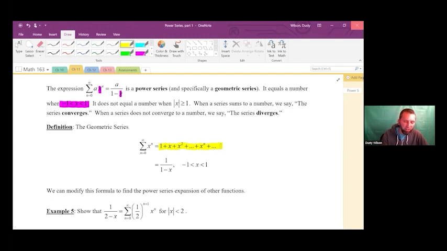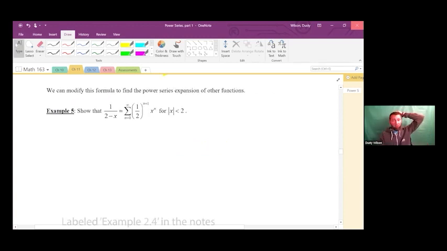And this infinitely long polynomial can be condensed down into this nice, neat formula, 1 over 1 minus x. But that's only true for these small x's, that is, x's between plus and minus 1. So this formula that we found is actually very powerful, even though it only addresses this teeny little instance.